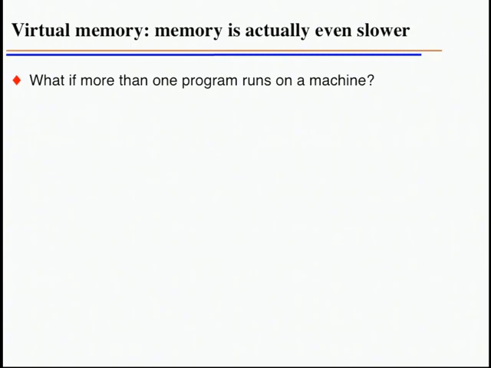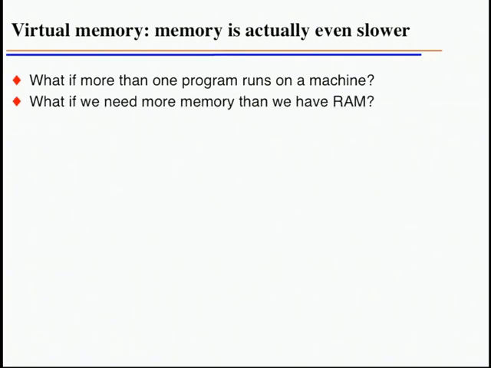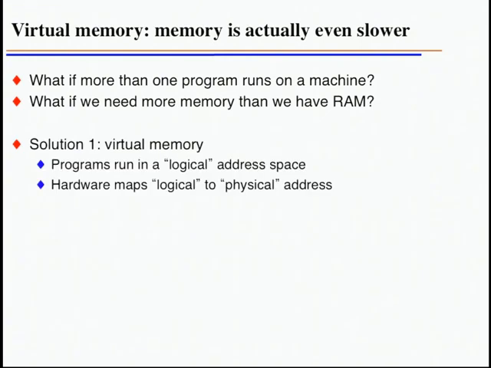Obviously, they need some portions of memory, and they should not use the same memory, right? And second, what if we need more memory than our system has RAM? Well, we can say we ran out of memory and crash, but that's not such a nice solution.